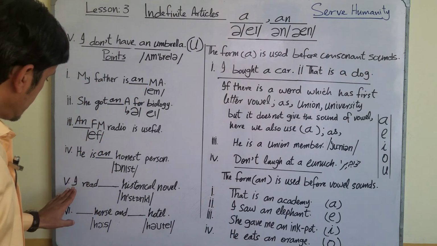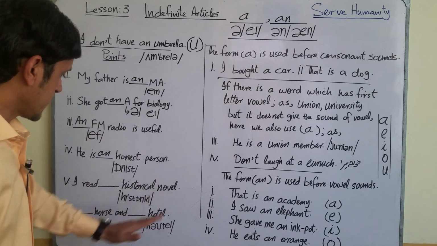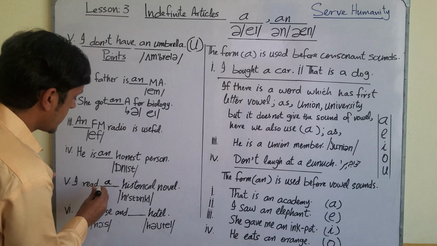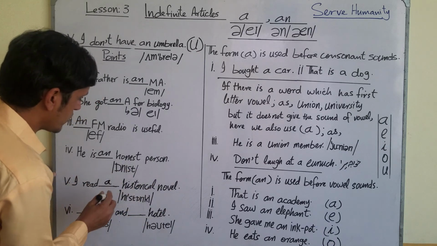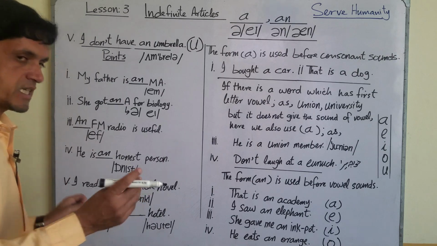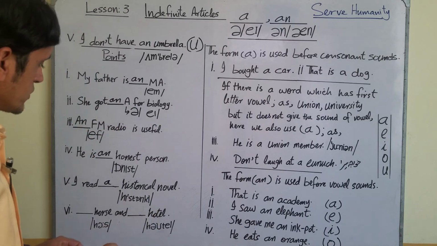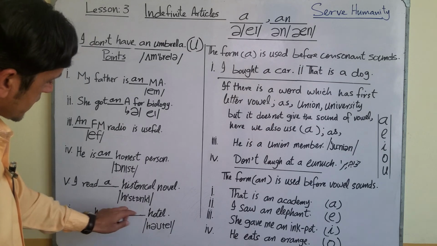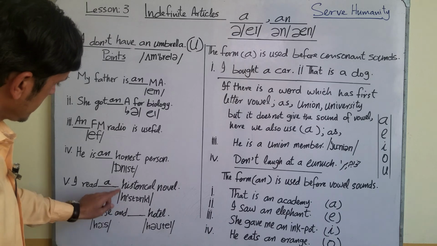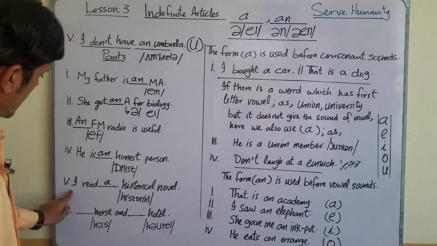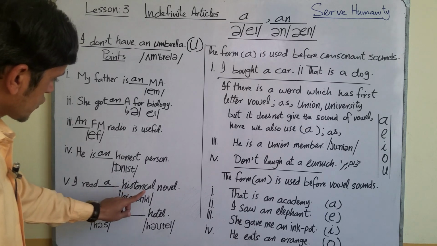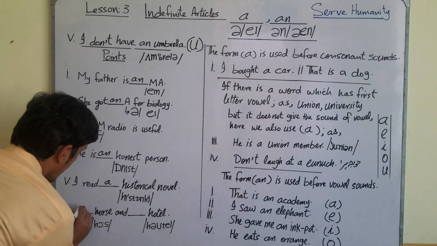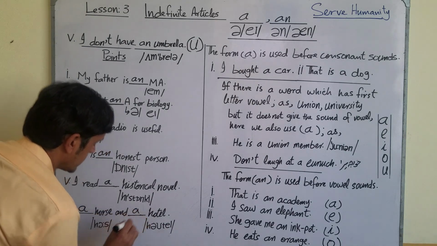For example, I read a historical novel. Here there is also an H, but we will write a. I read a historical novel. Why? Because here H gives its original sound, and H is a consonant, so its phonetic form also begins with H, like historical. And likewise a horse and a hotel.